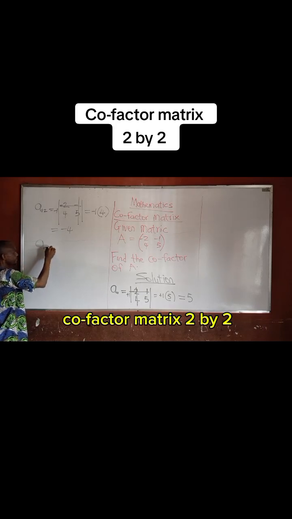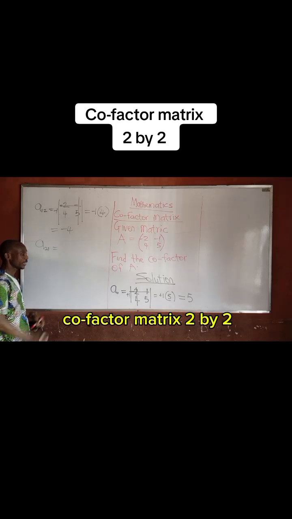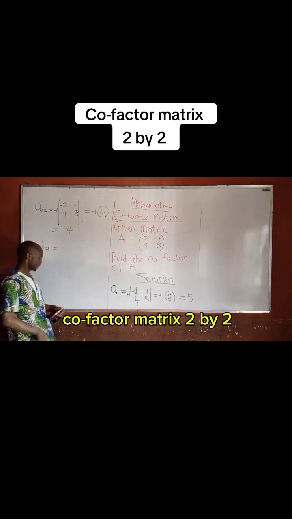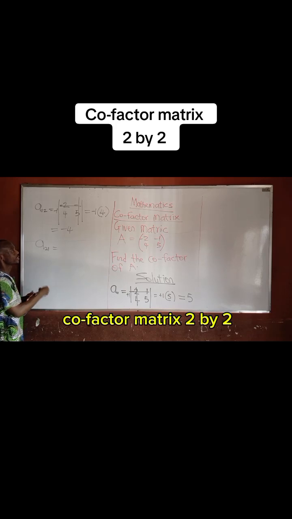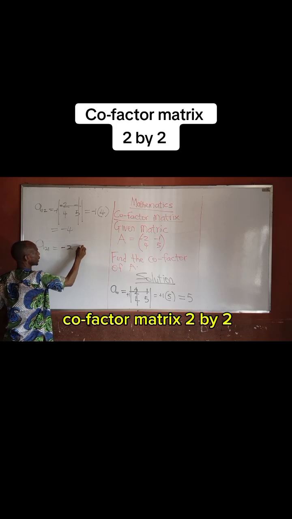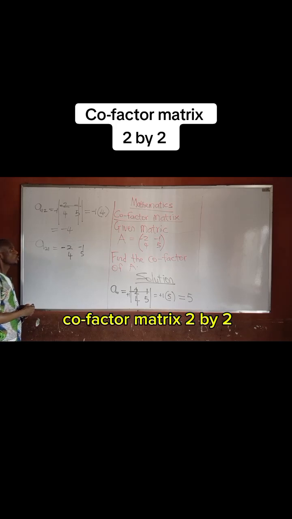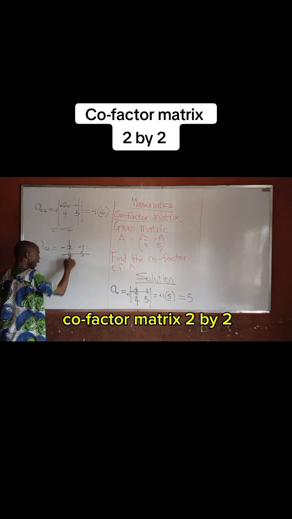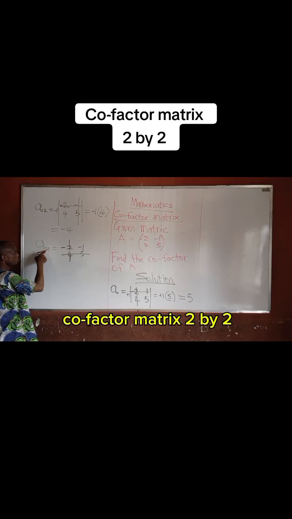We'll go to the next one, A21. Now let's look at that. If we are taking this again, minus 2, minus 1, 4 and 5, we are closing row 2 and column 1. That is row 2, column 1.